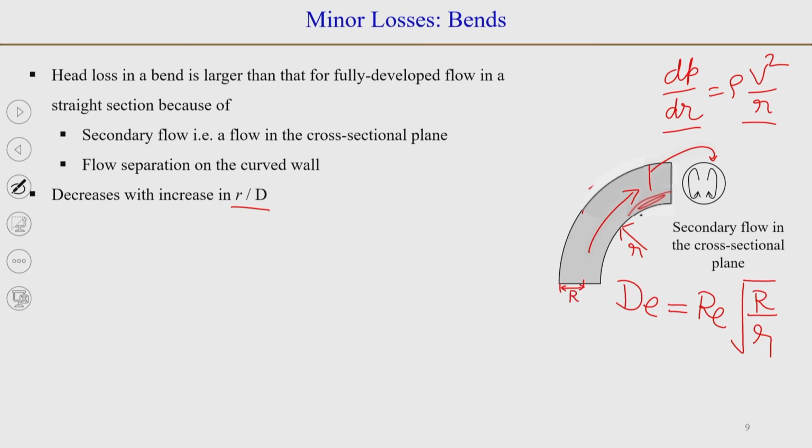So, the smaller this radius of curvature, the higher will be the Dean number and the higher will be the secondary flow, or the secondary flow decreases when the radius of curvature increases.